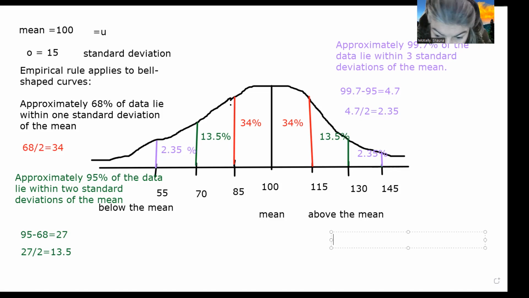We say 100 minus 99.7 gives us 0.3. This is equal to 0.3. Okay, the 0.3%.